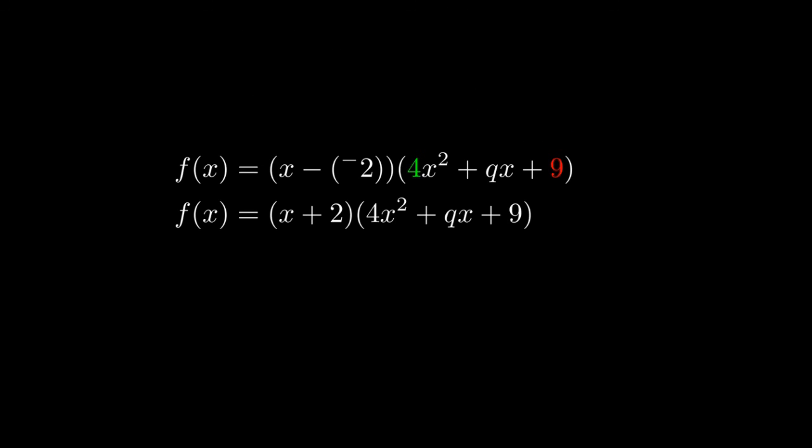We need q. How do we find q? Well, we know that in the original function the coefficient in front of x is -15. So how do we make that term, the x to the power 1 term? We make it with 2 times qx, and then we also make it with 9 times x.